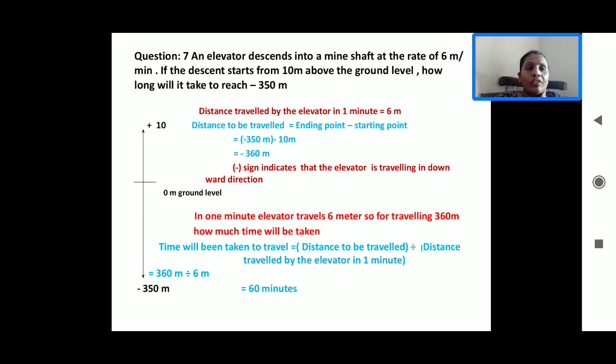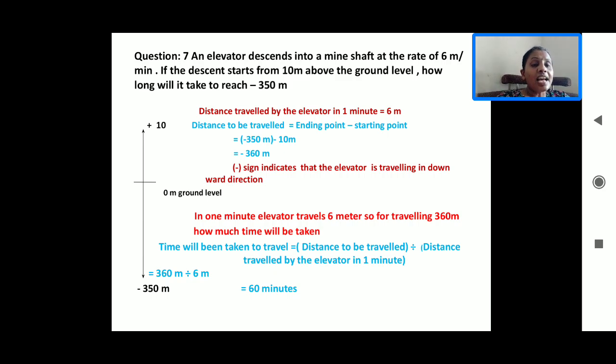So first I would like to explain to you, whenever we are going in a shaft, it must be under the ground. So if we consider our ground level, our earth level, as 0, then under the ground it will be minus and above the ground it will be plus.